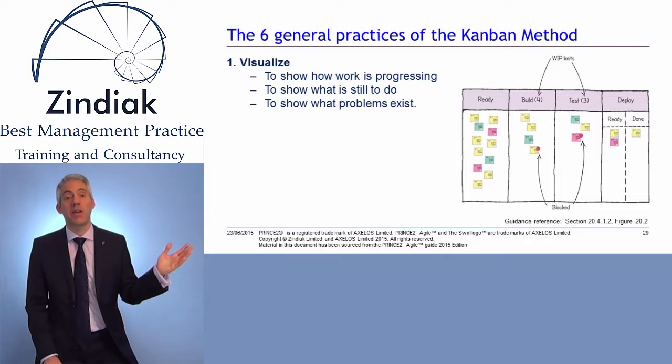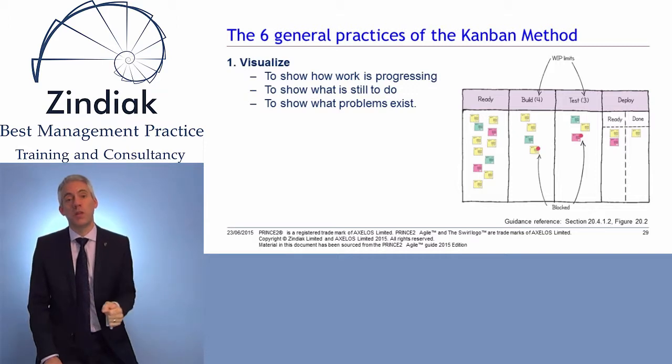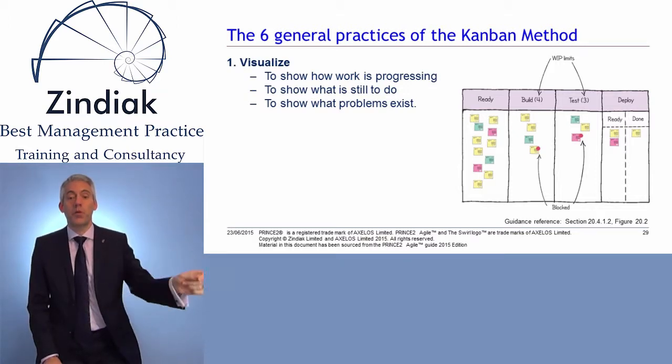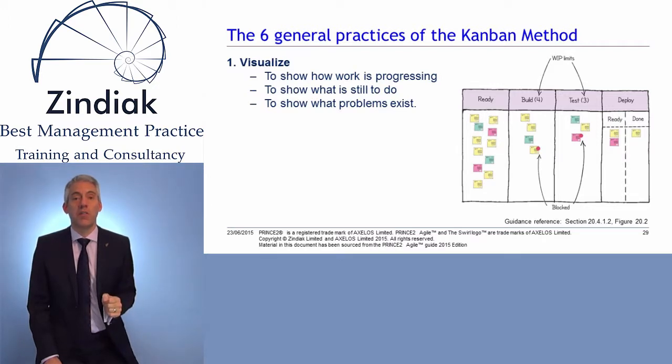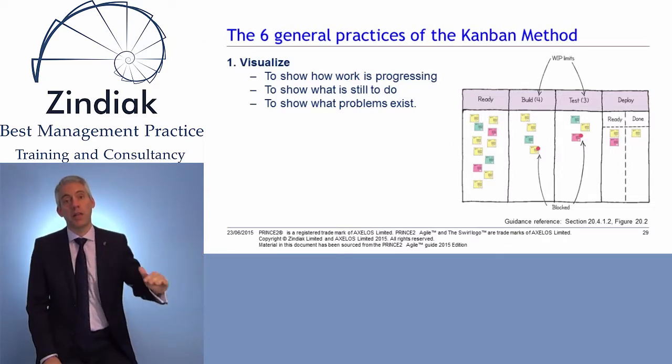As per the graphic, the products would be represented by yellow post-it notes that can be moved from one column to the next as the product moves through the development cycle. Different coloured post-it notes can represent different types of products. It can also be broken down by horizontal swim lanes.